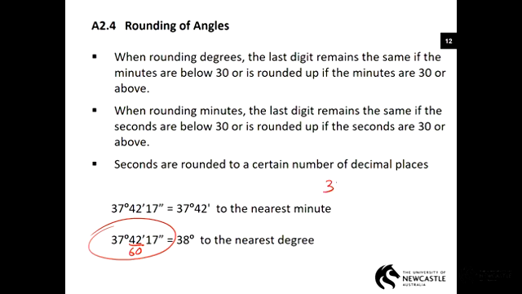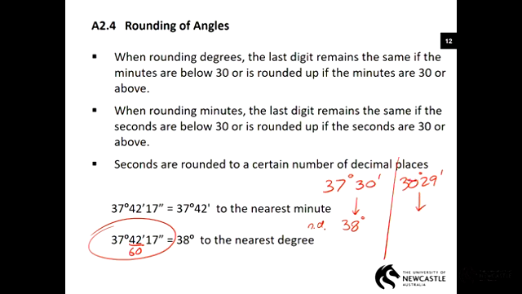So if I get an answer that's 37 degrees and 30 minutes, and someone asks me to round that to the nearest degree, it rounds up. 30 minutes out of 60 is the halfway mark. So 37 degrees and 30 minutes would be 38 degrees, because we said halfway, up we go.